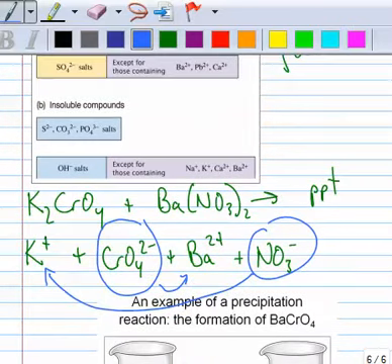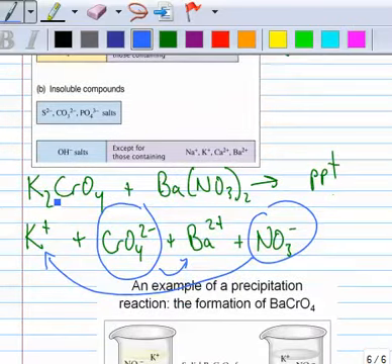And so our possible products that we could form are barium chromate. We have a +2 and a -2, so these will come together in a 1-to-1 ratio. So one possibility here is barium chromate, and our other possibility is potassium nitrate, KNO3. Again, we have a -1 and a +1 here, and so they will come together in a 1-to-1 ratio.